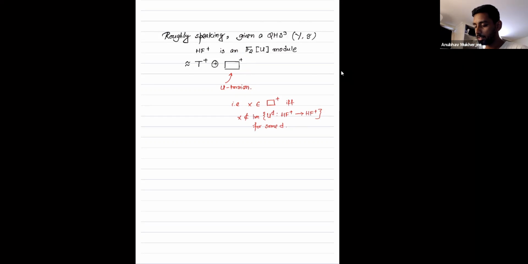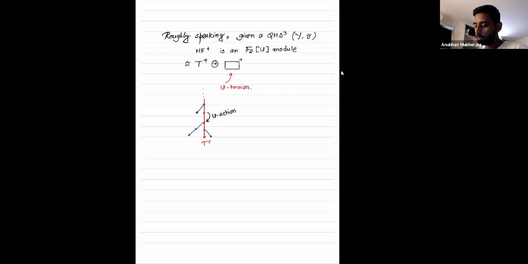So there is a natural U action on HF plus, and this mysterious object contains all those elements which vanish after possibly finitely many U multiplications. In other words, it looks like this tower, which is T plus, and these branches, which are elements of this reduced object.